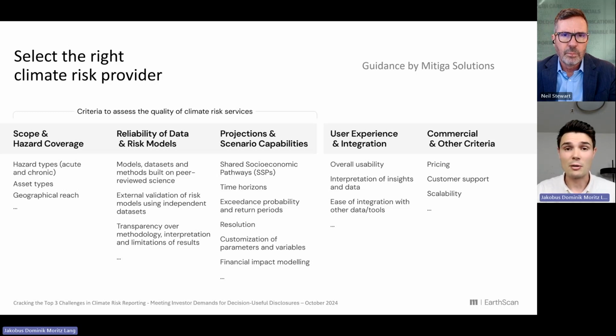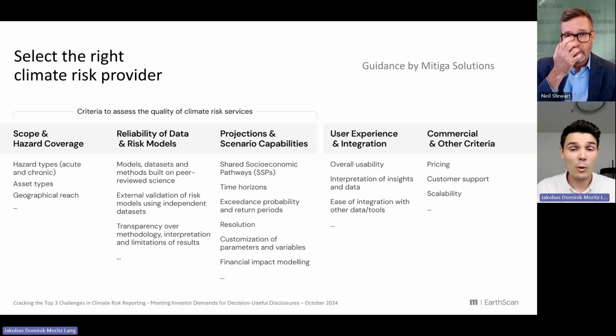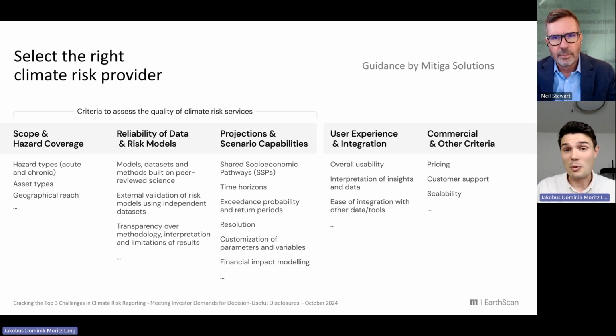From our perspective, there's currently no climate risk provider that covers all hazards that are basically available. So it might be a good start to define and think of the material risks that are inherent to the company. It might be also good to start talking about the types of assets the company's having, and also the geographical reach is fundamental, because ultimately it has to cover your value chain, your business activities.